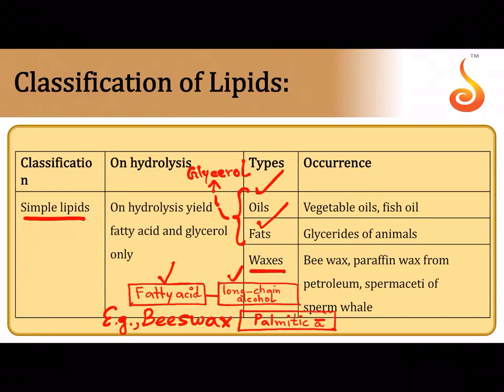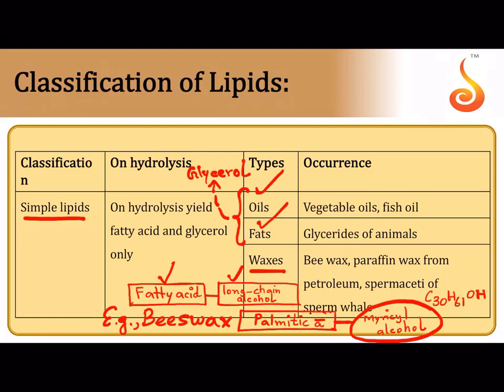Palmitic acid is bonded to an alcohol, and this alcohol is called the myricyl alcohol. And the formula of myricyl alcohol is C30H61OH. So basically you have a myricyl alcohol in this case, which is connected to a palmitic acid.